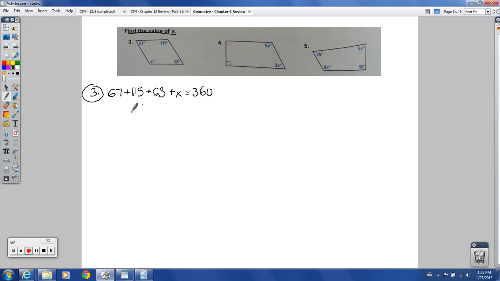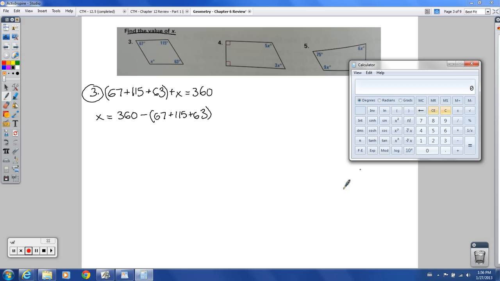Another way to think of that would be if I'm thinking of this all together, you could write it as x would be 360 minus these 3 added together. So if you wanted to do that first, if you wanted to figure out what this was first and then subtract that, you could do it like that, or you could do it like this. I'll get out my calculator on this one just to make this a little faster. So 360 minus 67.